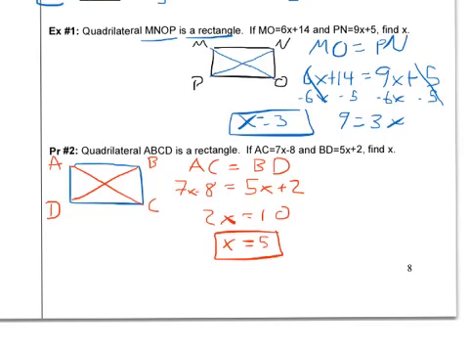Okay, so once again, when I sketched this out, I saw that I had diagonals that were congruent. So I set those two things equal, and just did some algebra and solved that x equals 5. Alright, that should be good for this page. I'm going to go on to the next page on the next video.